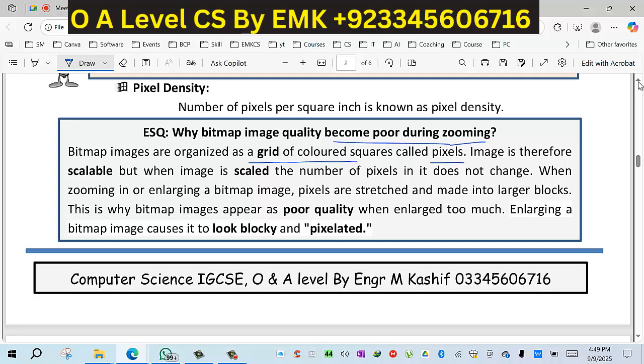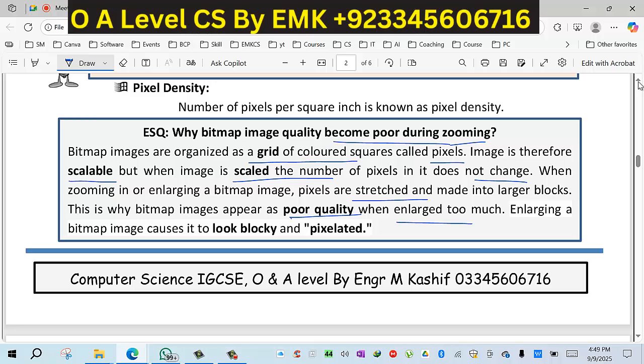The image is therefore scalable, but when the image is scaled, the number of pixels in it does not change. The pixels remain the same, but the distance between these pixels increases. This is why the image appears poor quality when you enlarge it too much.